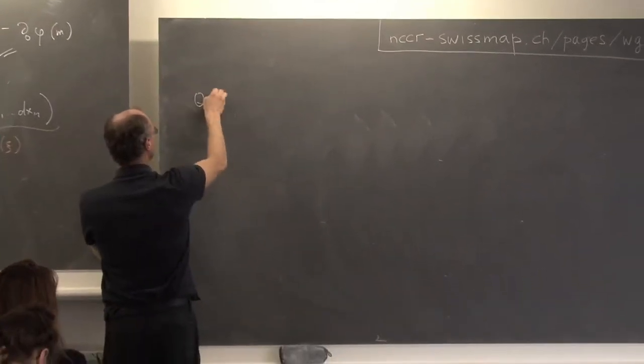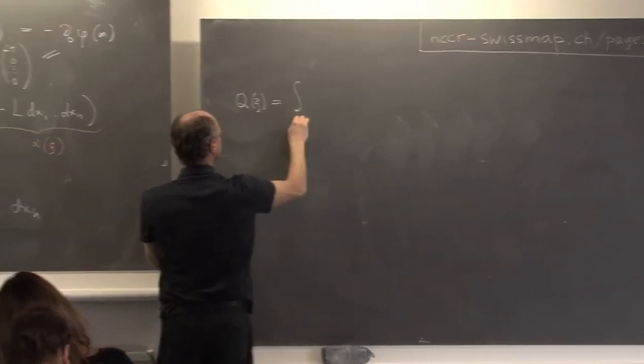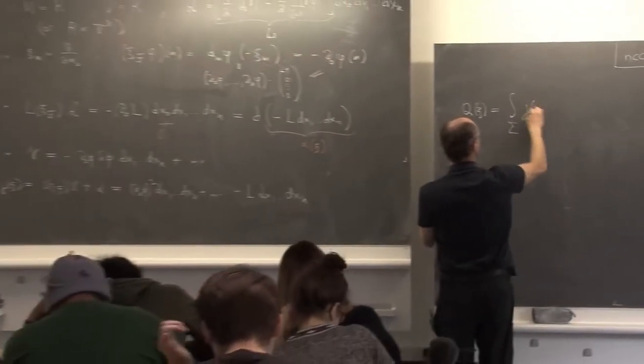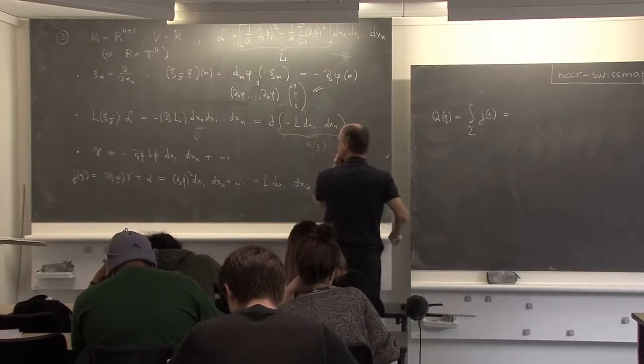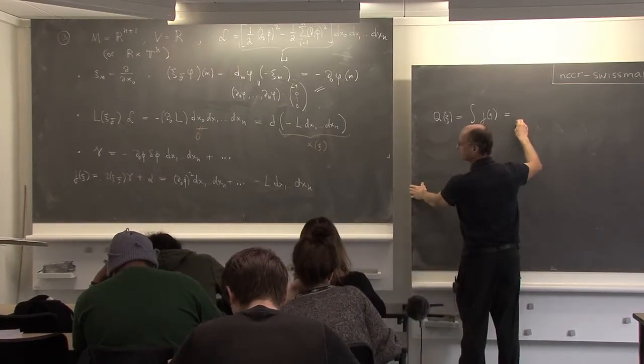Now, what is Q? That's an integral of a sigma of J of psi. And of course, these dots terms will cancel.